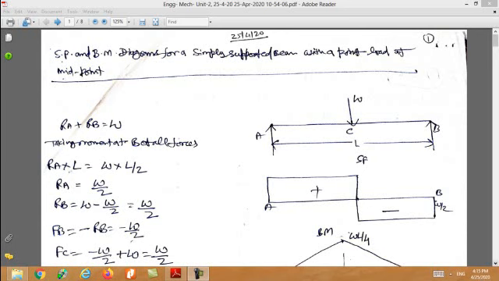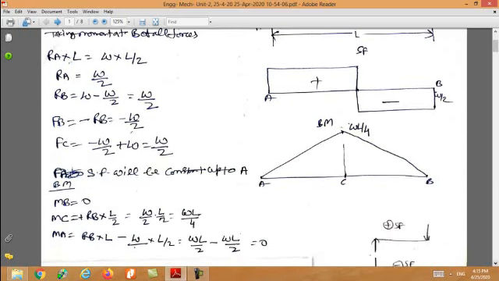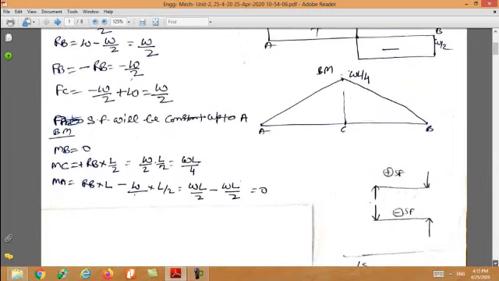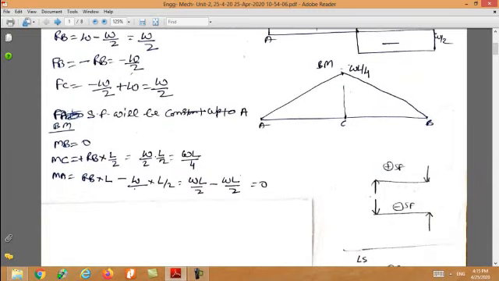And how can we decide the sign convention? We have already discussed it, and we should follow these rules. Sign convention means, if we are starting from the right side and you see a downward force, then it is positive.